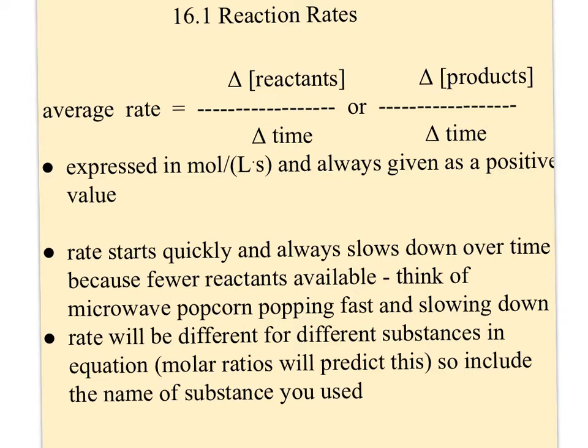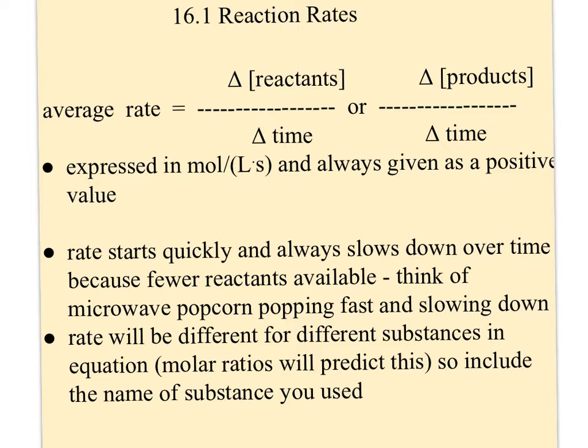So we express the answer in a rather strange unit, moles per liter seconds, and that's because your concentration generally is going to be expressed as moles per liter, or capital M, and your time is usually going to be in seconds. It's possible it could be moles per liter minutes if it's a slow reaction, or even hours.